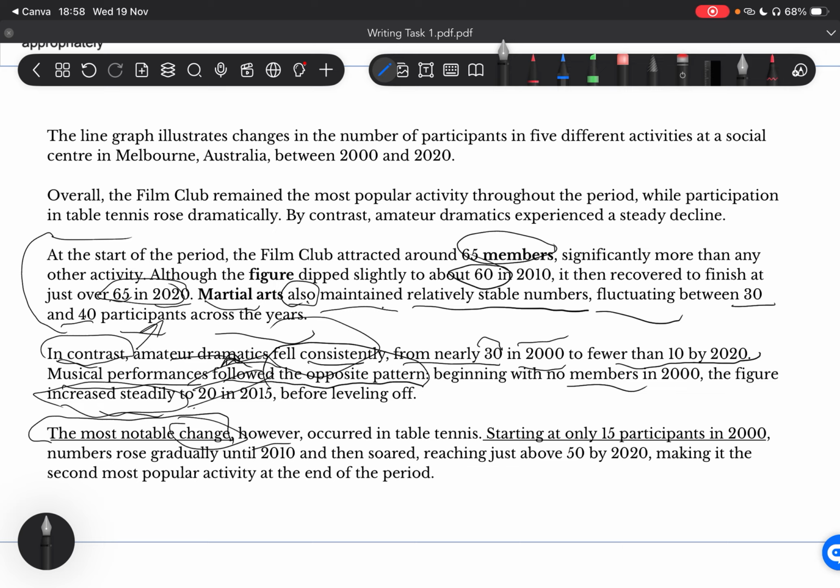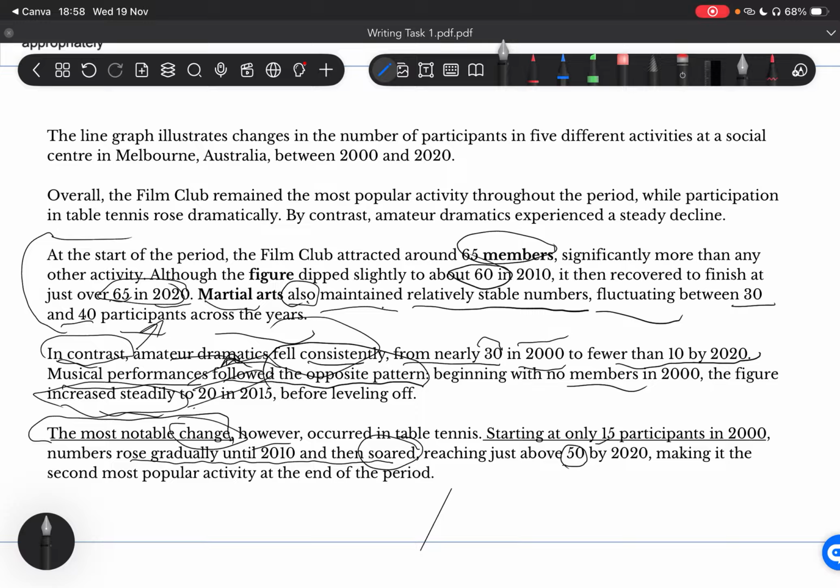So next, it gives details like it starts and then it rose gradually until 2010 and then soared. So we said here that it was a most notable change, and we have to now give proof, evidence to that. So it says 15, imagine, and then it rose gradually, then soared. Soared means it went up quickly, suddenly, sharply, reaching just above 50.